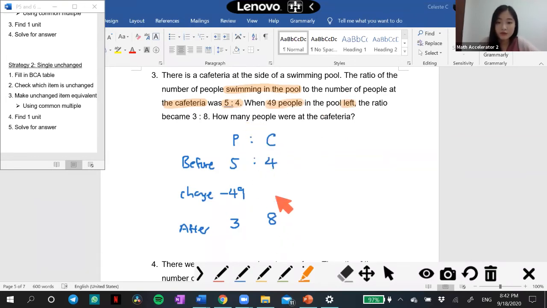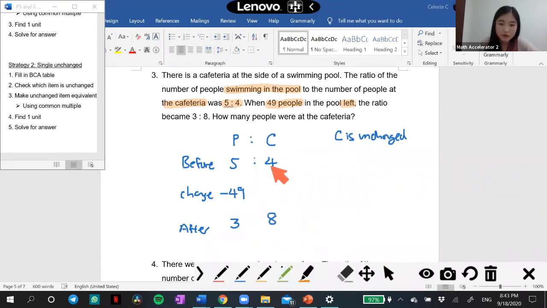Did anyone leave or come into the cafeteria? No, nothing happened here. It is blank. So this tells us that the people in the cafeteria is unchanged. So if this is unchanged, before and after must be equivalent. Nothing happened, so it should be the same.